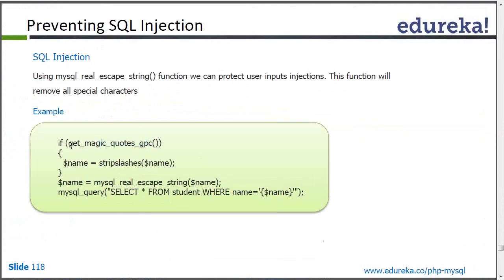So here I'm checking the condition. If this setting is on, I'm going to strip the slashes first. I'm going to remove the slashes. Then I'm going to use the MySQL function to add the slashes.